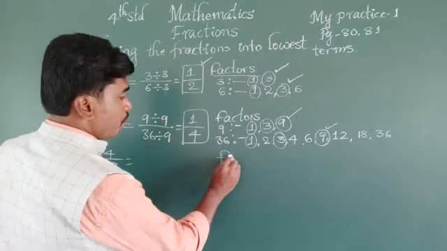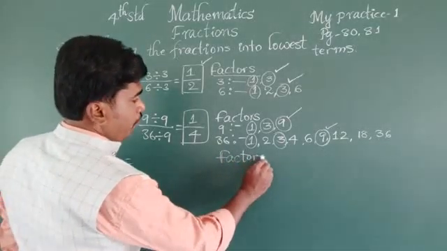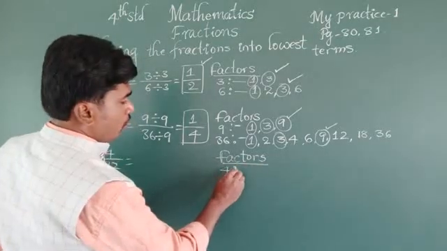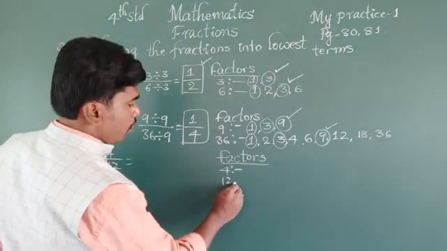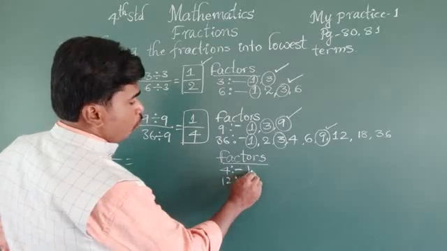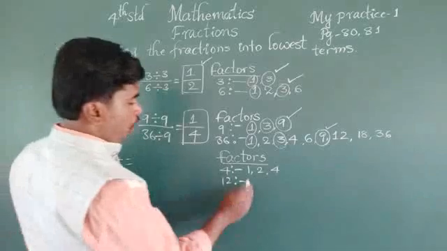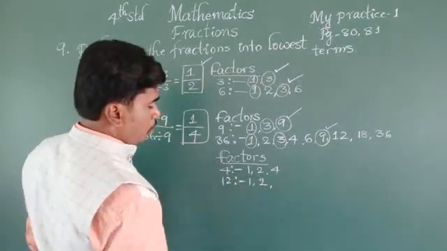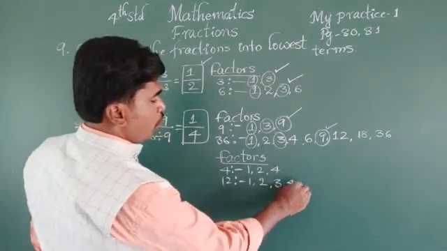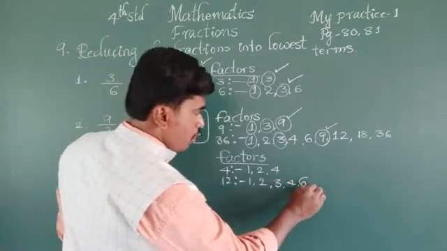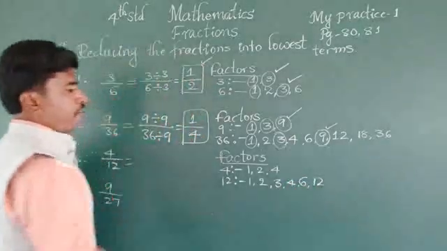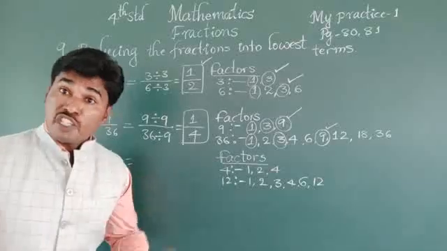So now you come to the fourth one, 4 and 12. Write the factors. For 4: 1, 2 and 4. Then for 12: 1, 2, 3 also divides, 4 also divides, then 6 also divides 12. So these are the factors. Which is the highest common factor?